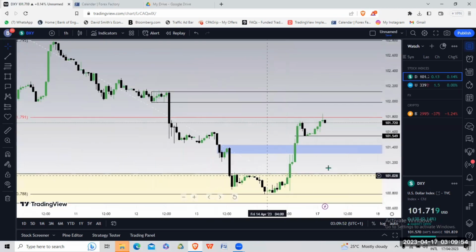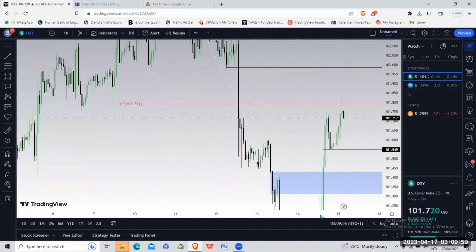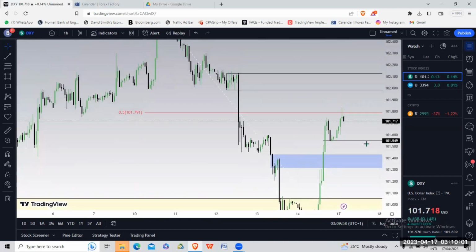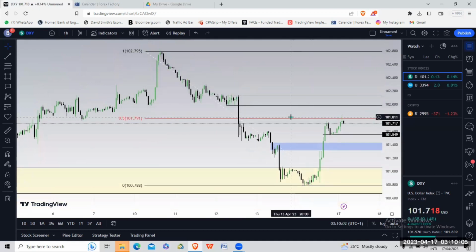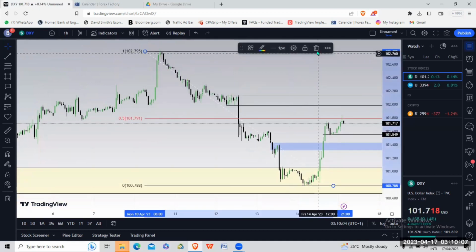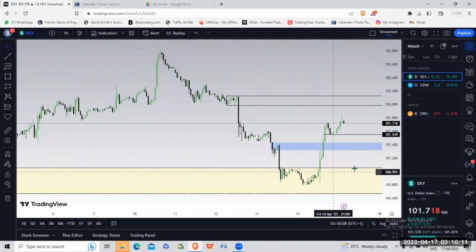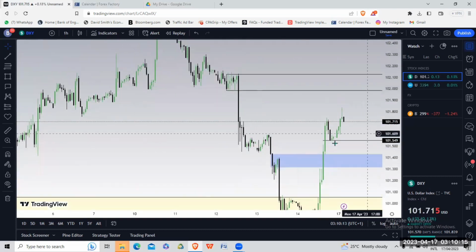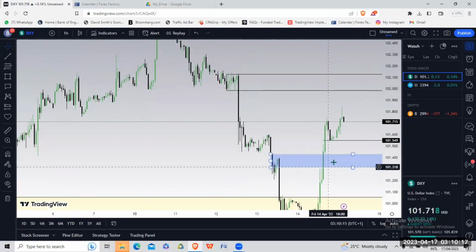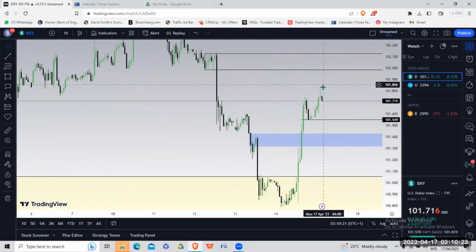We are now having a bullish bias. Let me remove this. So if we look at it now, we see that price is going up, and then here we have our FVG. This is a gap, and price is going up already.